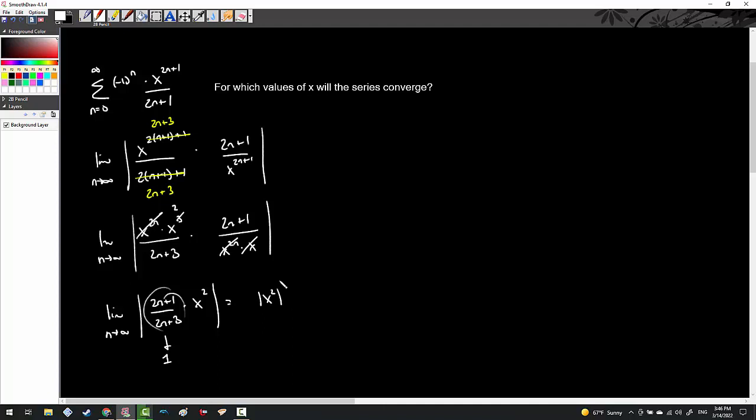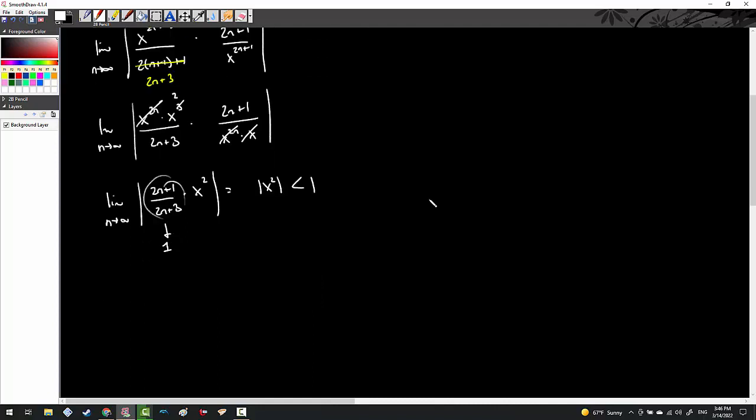So in order for this to converge, the absolute value of x squared will have to be less than 1, which means the radius of convergence is 1. But my interval of convergence will be x being between negative 1 and 1.